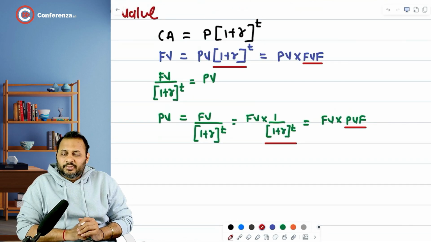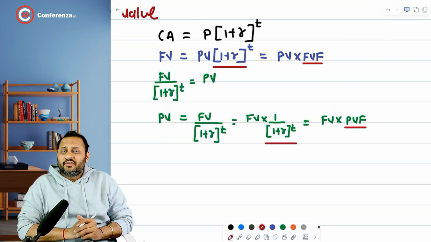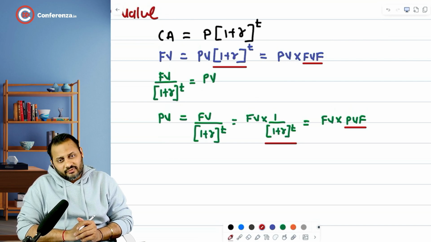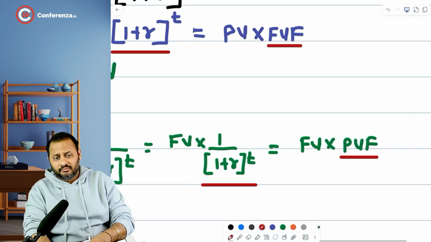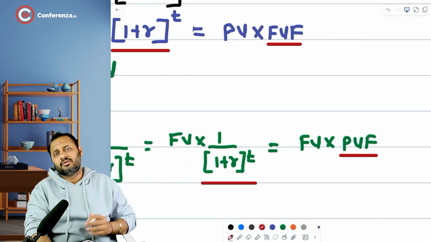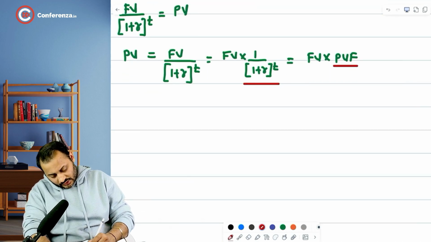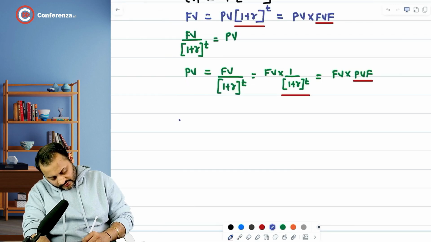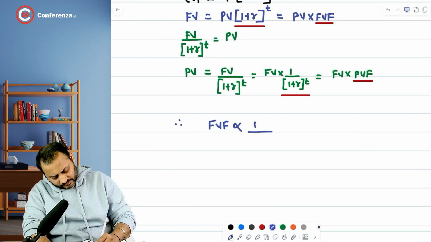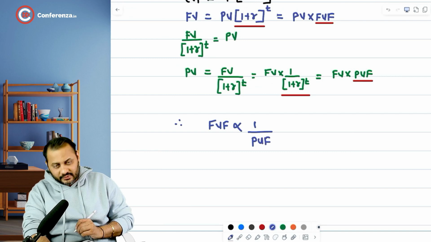That's it. Simple. Now there is a relationship that you can form between future value factor and present value factor. And it is nothing but both are inversely related. Because future value factor is 1 plus r to the power t and present value factor is nothing but 1 divided by 1 plus r to the power t. So I will write it here. Therefore, future value factor is inversely related to present value factor.